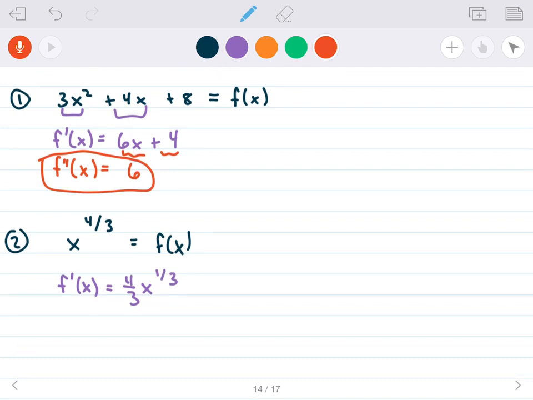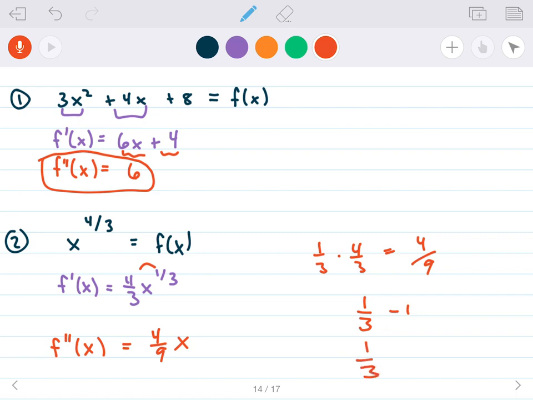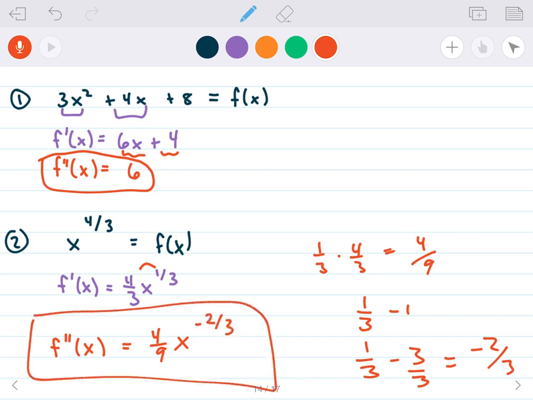My second derivative, f double prime of x, I'm just multiplying 1/3 by 4/3, which is 4/9. So this becomes 4/9 x to the 1/3 minus 1, which is the same thing as 1/3 minus 3/3, which is negative 2/3. Okay, so there's my second derivative.